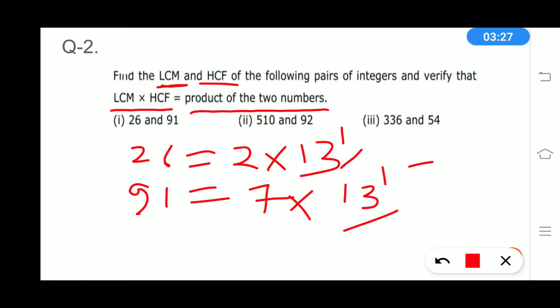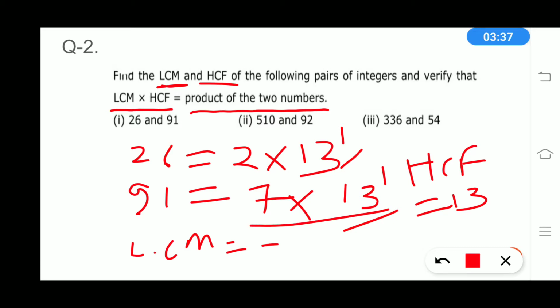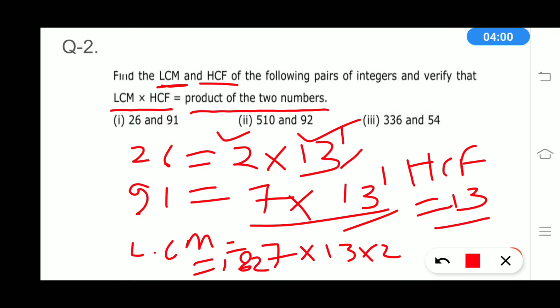So HCF equals 13. For LCM, take the larger one, that means 7 into 13. Here 13 is already written, remaining is 2, so into 2. That means LCM equals 91 into 2, that means 182. So HCF is 13 and LCM is 182.